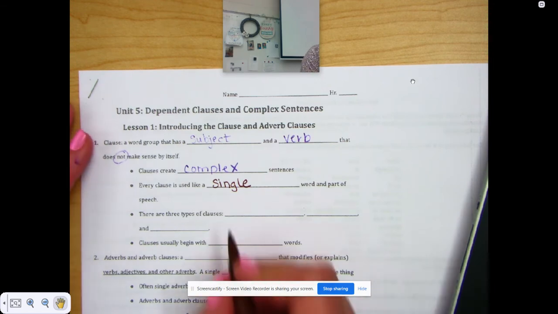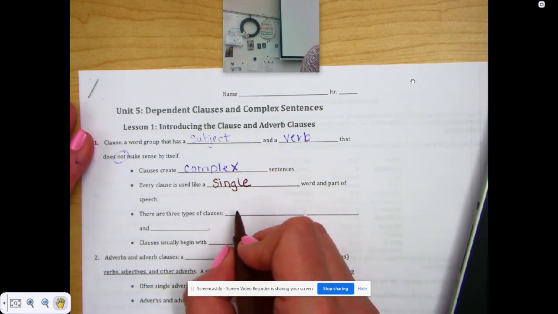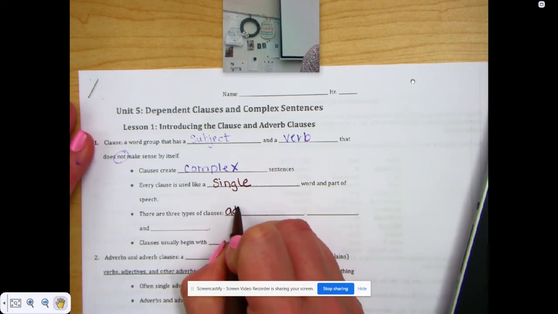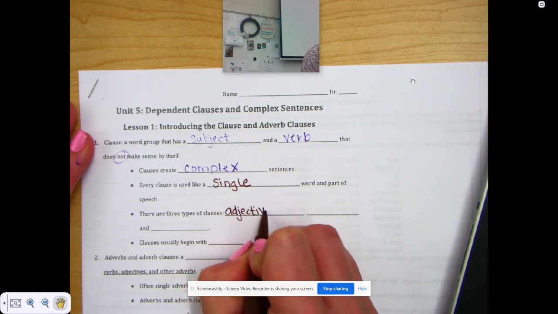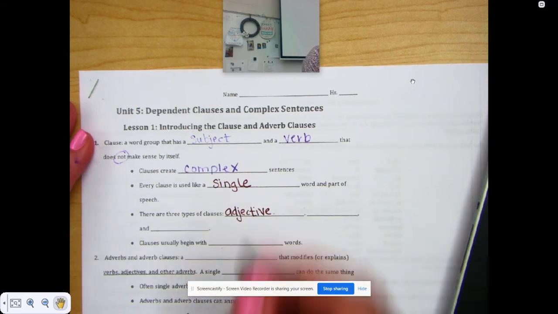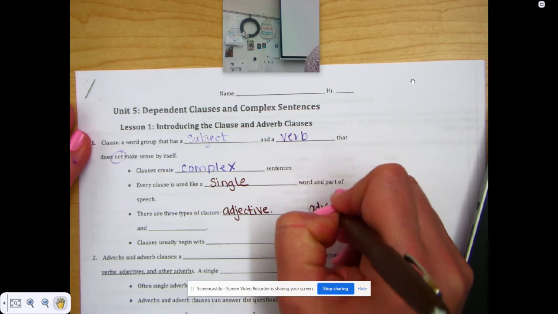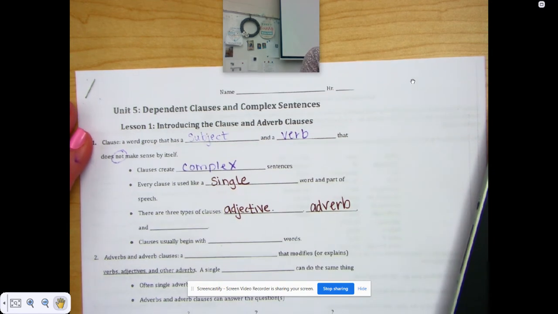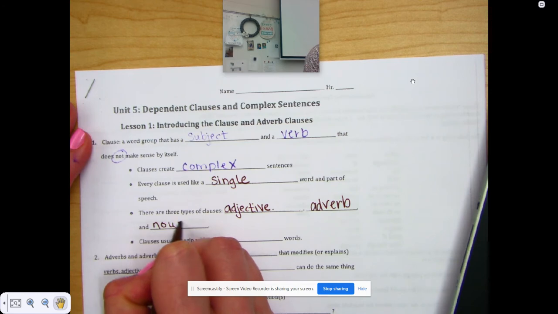There are three types of clauses: adjective clauses, adverb clauses, and noun clauses.